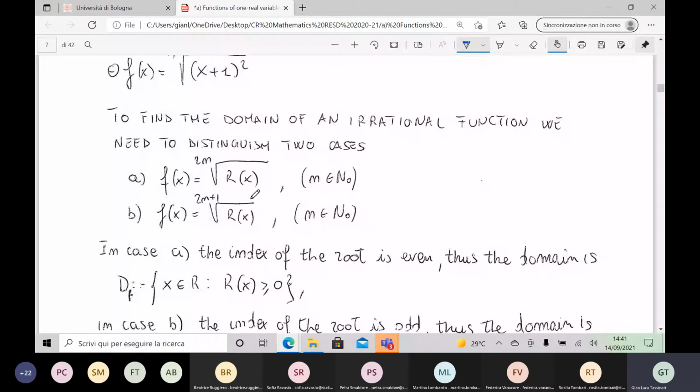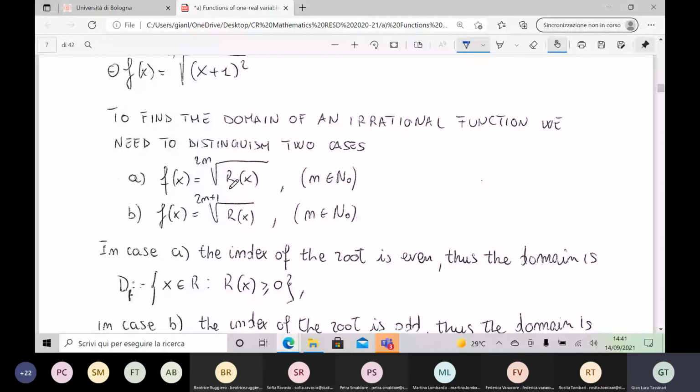Please, this R has nothing to do with this one. This is the R used as the set of the real numbers. Here, instead, is the name I used for what is inside the root. In English it's called the radicand, I think: the function inside the root. So for this reason I called it R of x, but you could have called it G of x, Pippo of x, S of x, as you like.